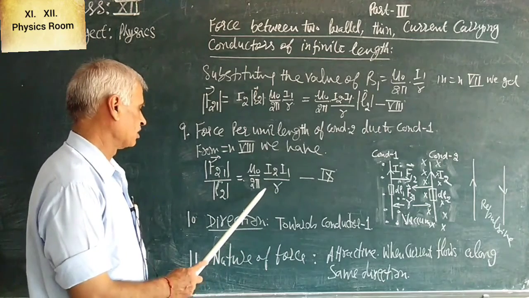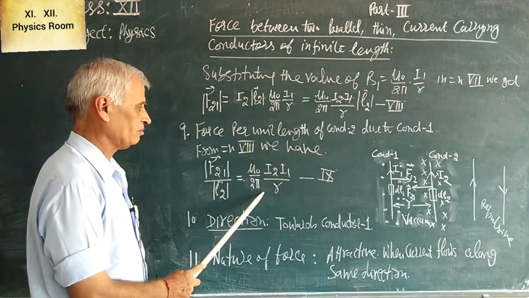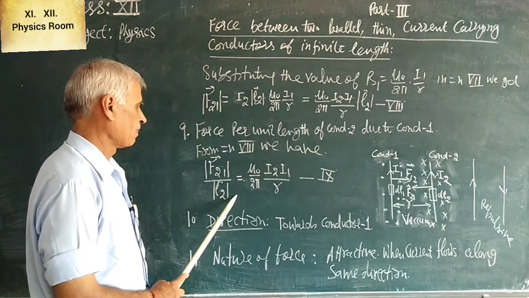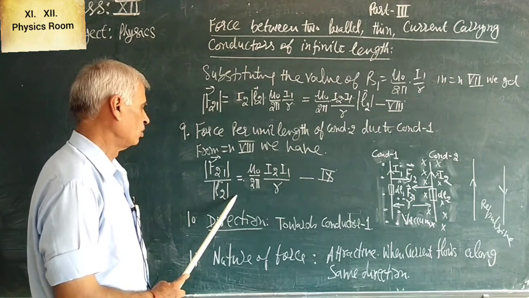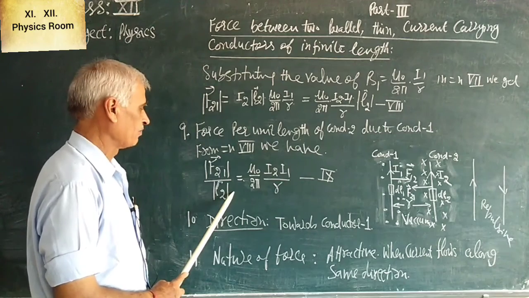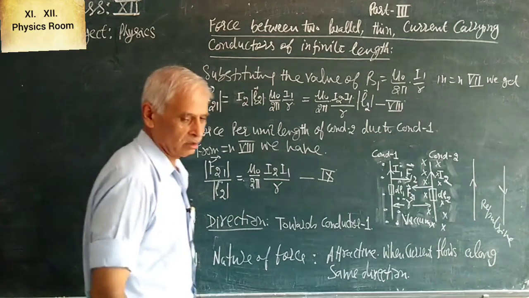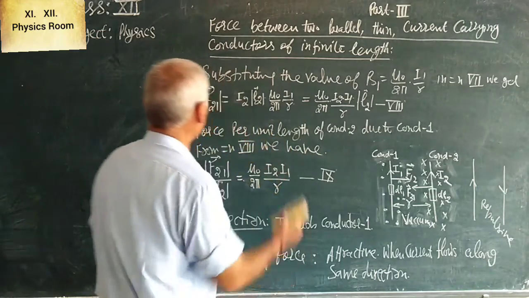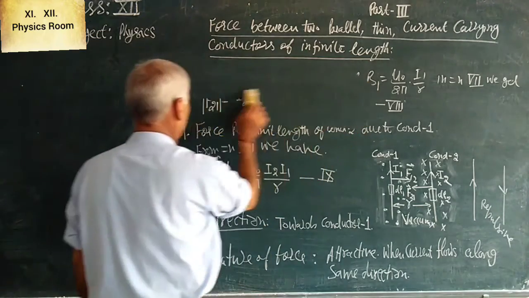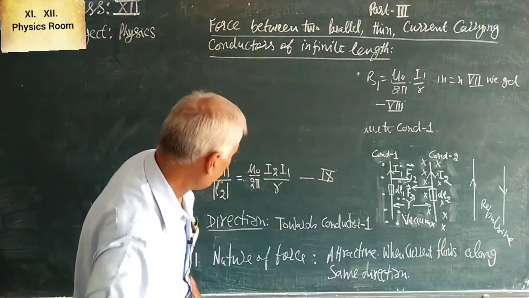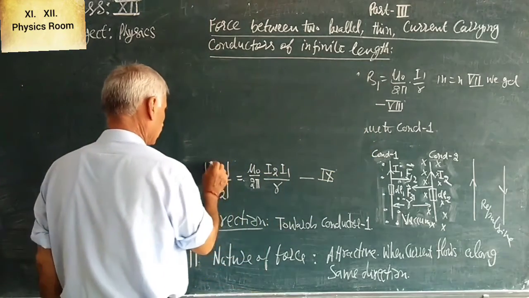Now look at this expression. Force per unit length of conductor 2 due to conductor 1, and force per unit length of conductor 1 due to conductor 2.